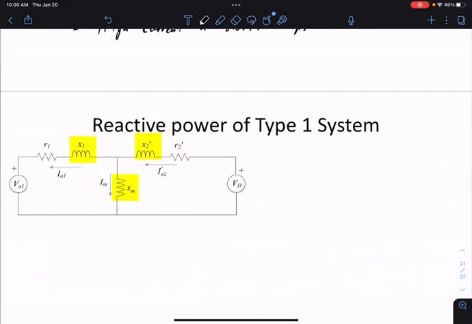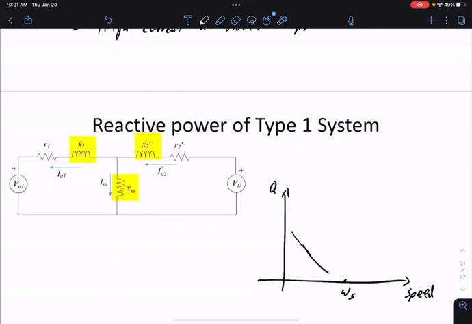If you draw the plot of the speed and the reactive power, at the synchronous speed nothing happens. But above the synchronous speed, the reactive power is always positive. Something has to provide reactive power to the system.